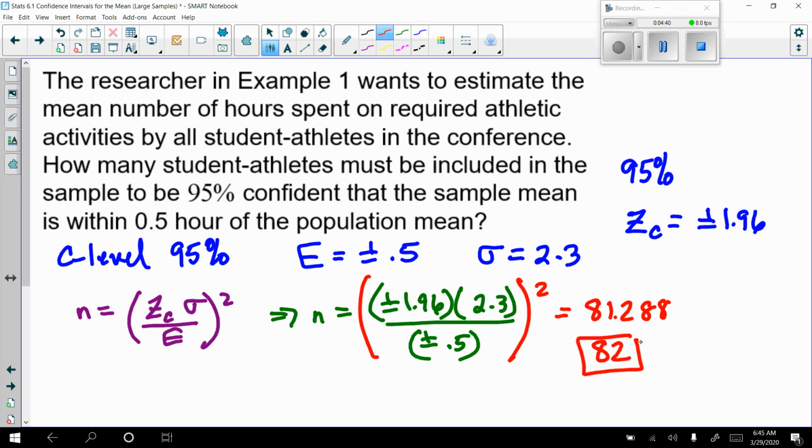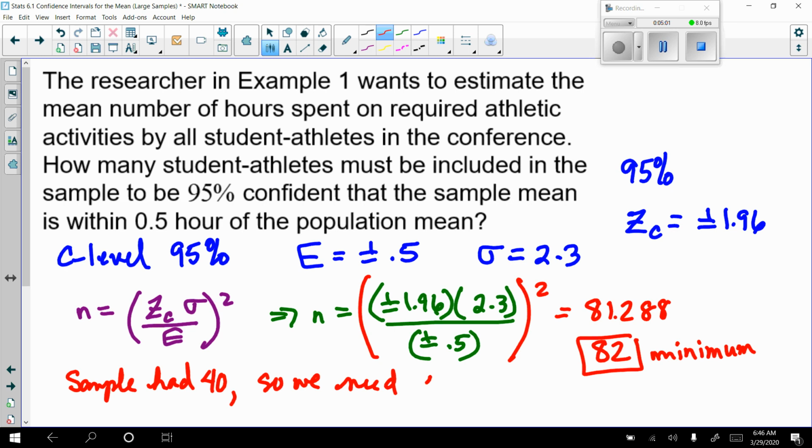So we need to have 82 as our minimum. Okay, we know that our sample from before had 40, so we need 42 more in our sample.